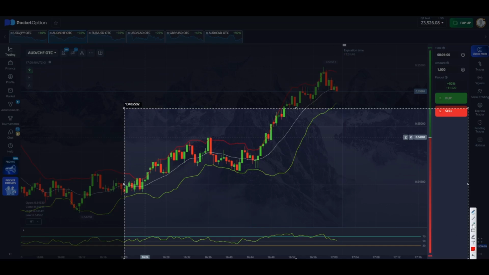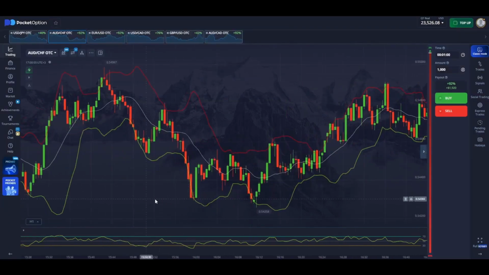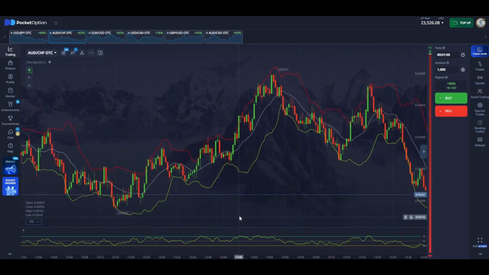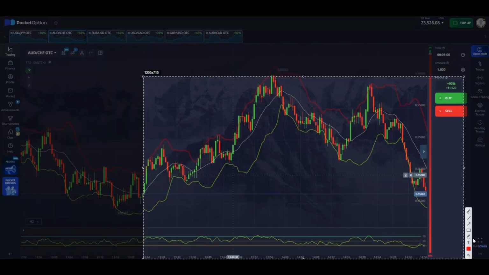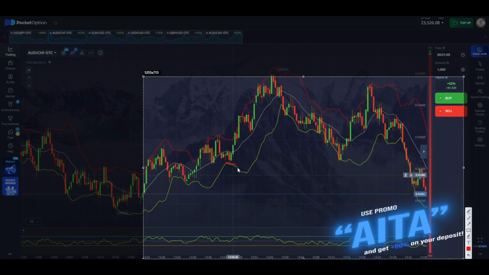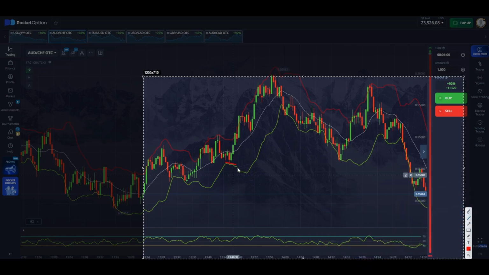Yeah, of course, this isn't the best example because after that the price went up. Let me show you an even clearer example. For example, look here. The price has reached the green zone, which is the oversold zone of the Bollinger Bands. So we might think the market is oversold and we can open a buy trade. But then we look at the RSI indicator. We see that the value is still at 50, which means we're in the neutral zone.